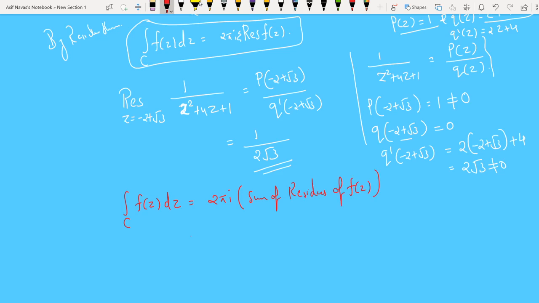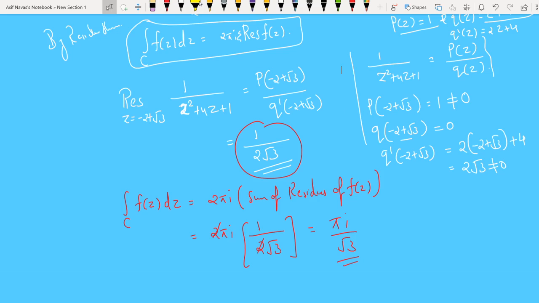So this is equal to 2 pi I into, what is the residue? There is only one residue, that is 1 by 2 root 3. So I am cancelling out these two. I will get pi I by root 3. So the integral over C f of z dz is pi I by root 3.